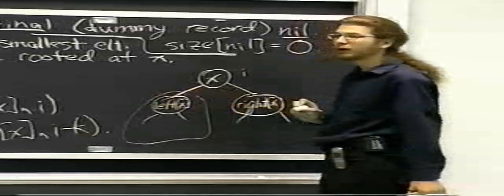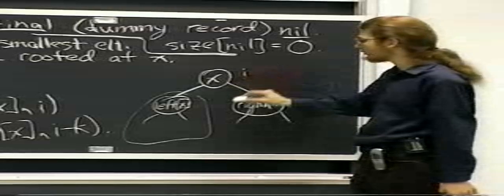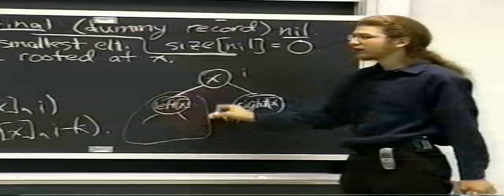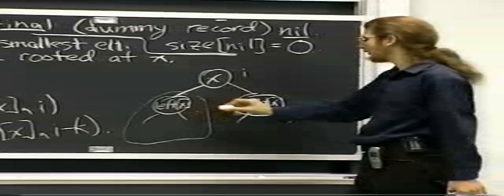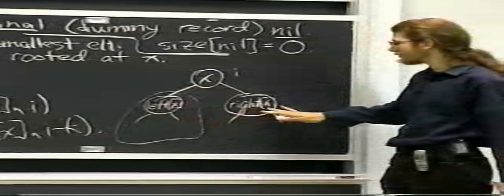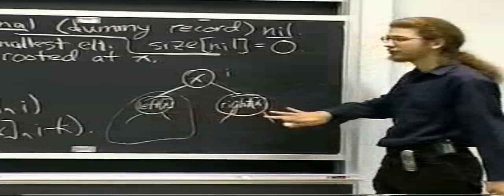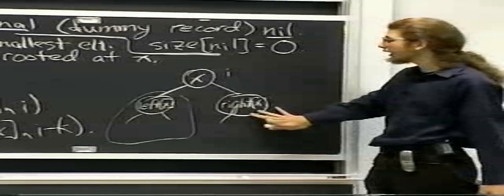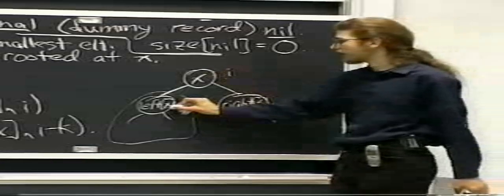I know how many nodes are smaller than x. If I want the ith smallest, and there are at least i nodes in here, then I know the ith smallest is in here. If there are many fewer than i nodes in here, I know that the ith smallest is in the right subtree. And if I'm really lucky, this guy is the ith smallest. That's the case when the size of this subtree is 1 smaller than i. Okay, and that's what this is checking.